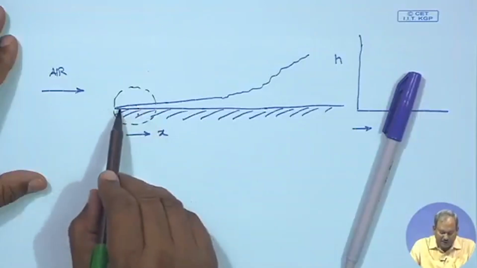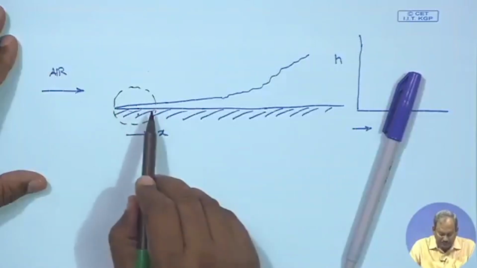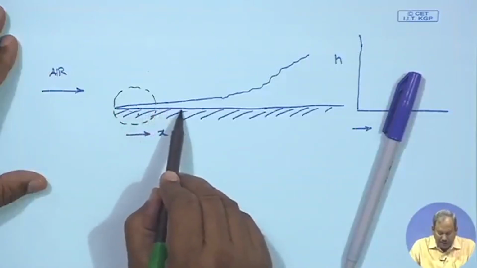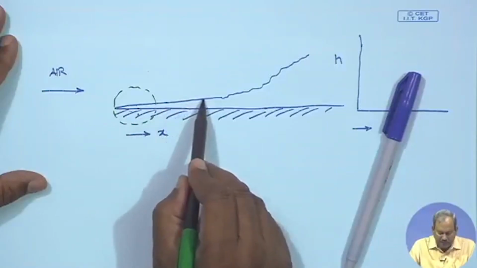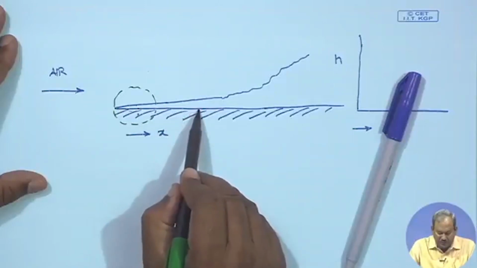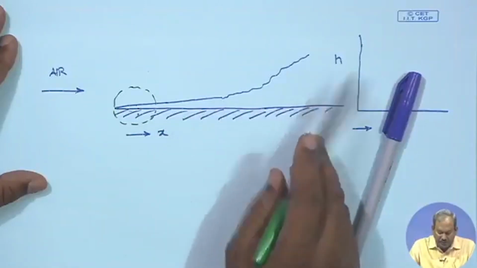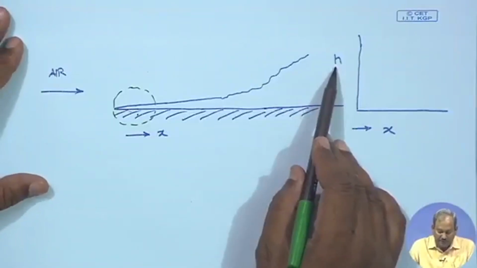So, you can start with a high value of H at the beginning. As we move along, the thickness of the boundary layer will keep on growing, and therefore the resistance to heat transfer would increase, and the heat transfer coefficient is nothing but the inverse of the resistance to heat transfer.